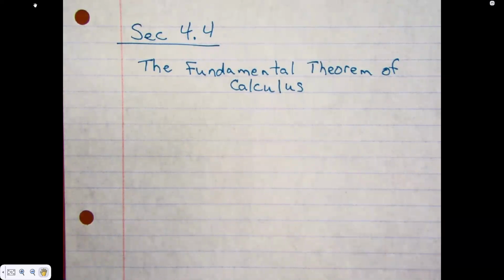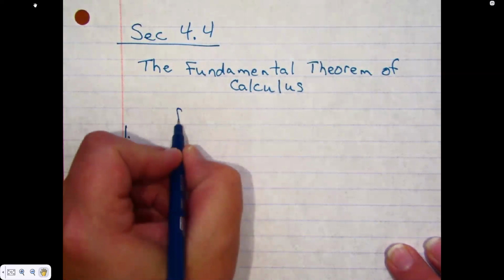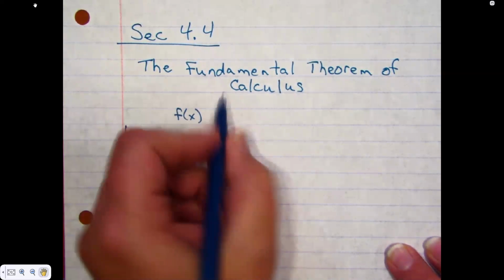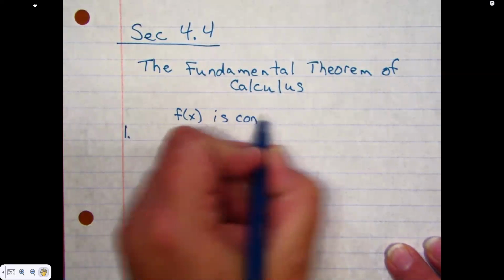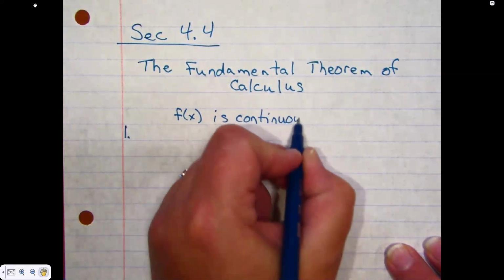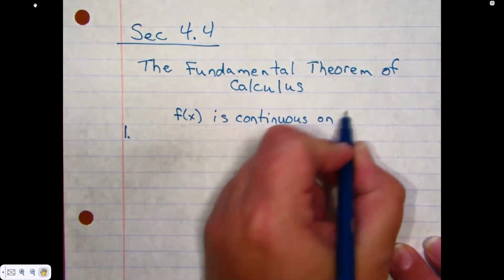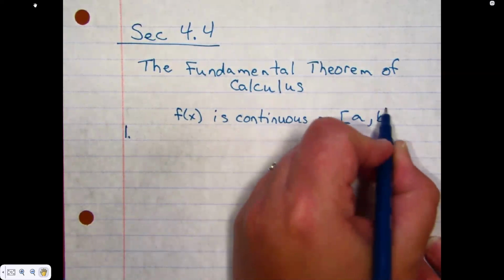Okay? It actually has two parts. The first part is the one we're going to work today. And the second part is the one we've already been talking about. So let's write it down. First of all, we have to say, technically, f of x, your function, is continuous on our interval from a to b.